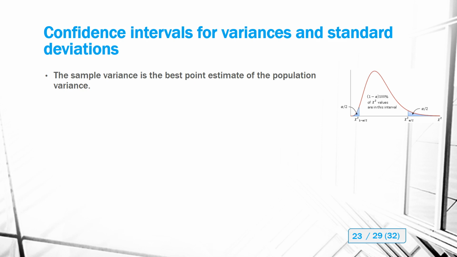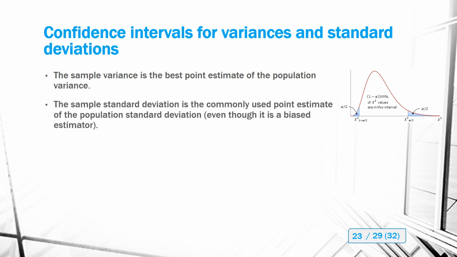Now, because variance is an unbiased estimator, the best point estimate of the population variance is the sample variance. So we'll use that in constructing our confidence interval for variances. Now, when it comes to sample standard deviations, we'll typically use those as the point estimate for our population standard deviation, even though it's a biased estimator.